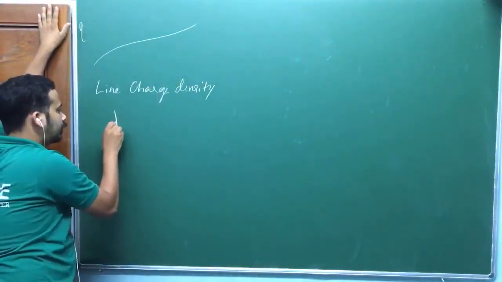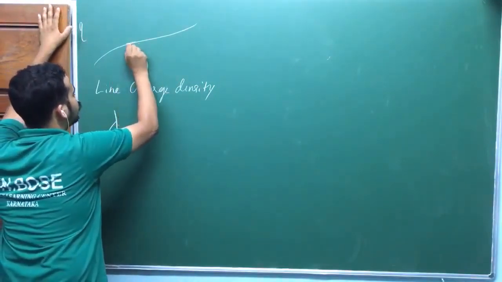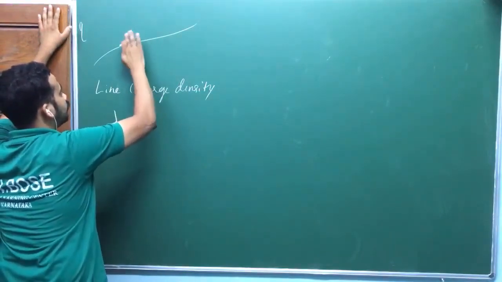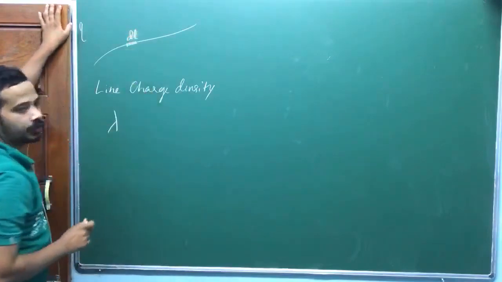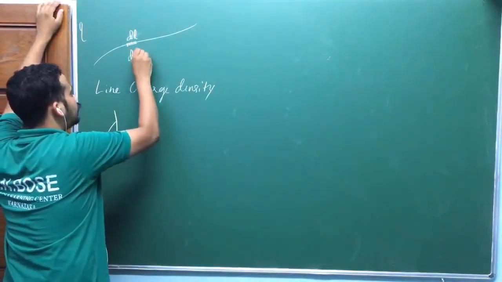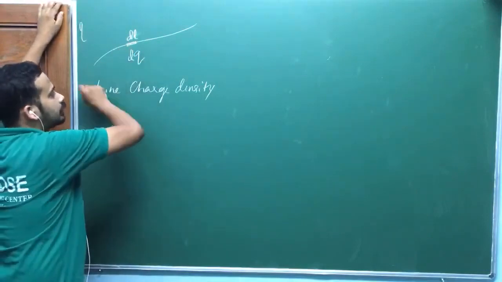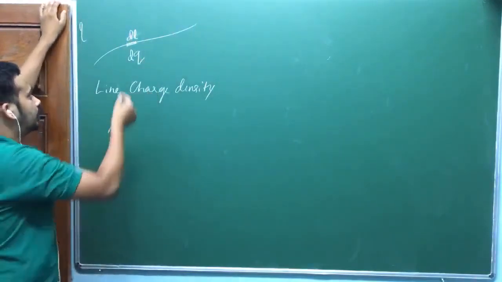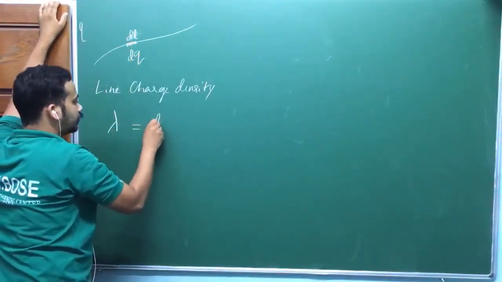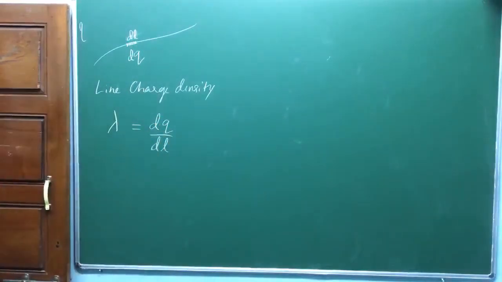We call it lambda. Suppose you take a small portion of this line, let me call it dl. Let that small portion contain an infinitesimal amount of charge dq. Then the line charge density is defined as dq divided by dl.